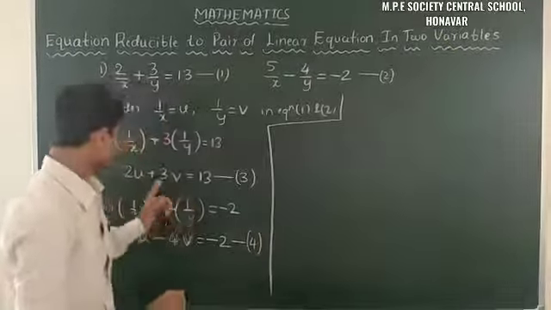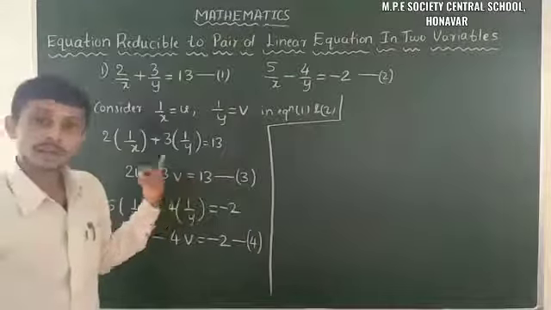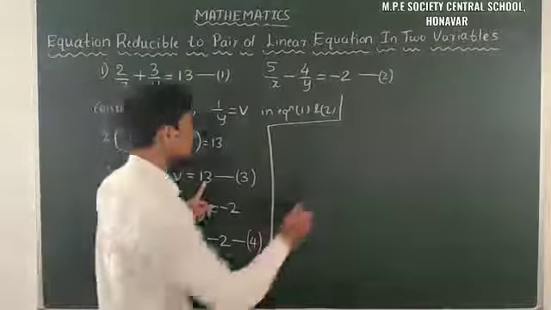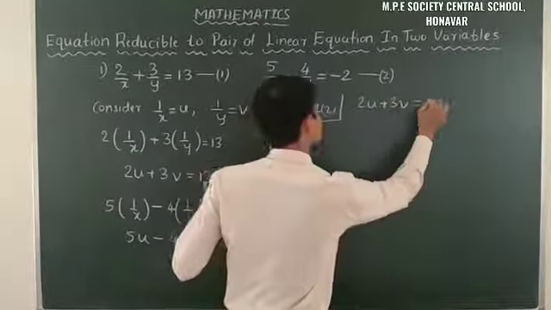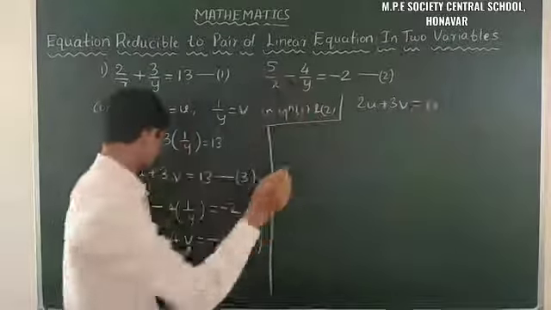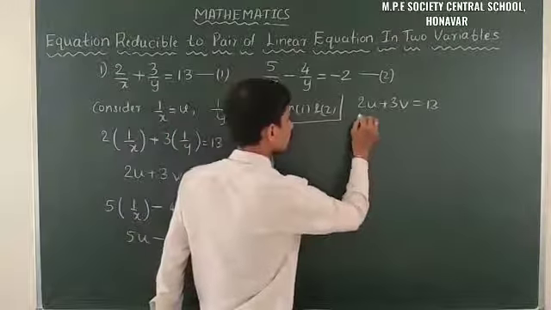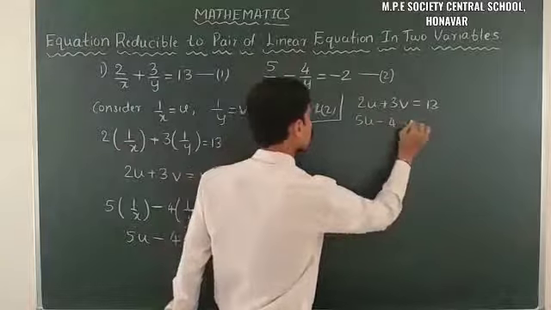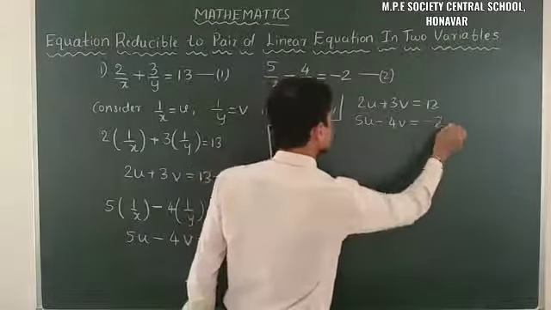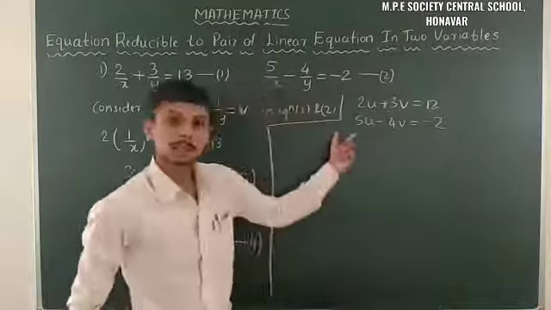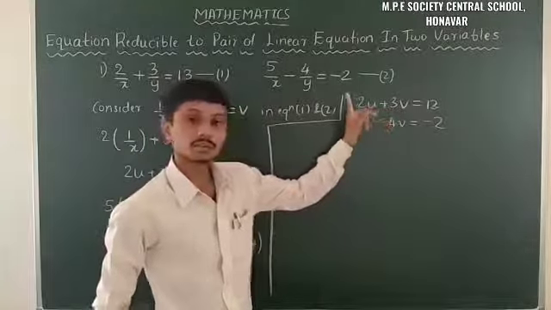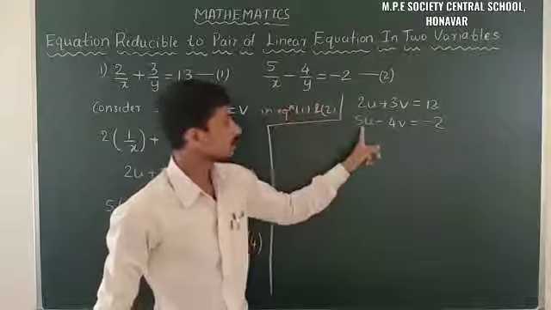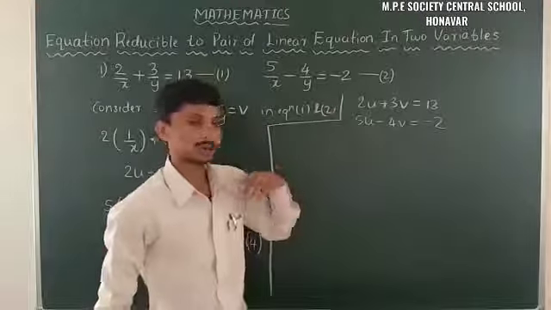Part is backward here. So firstly I will write equations 3 and 4. That is 2u plus 3v is equal to 13 and 5u minus 4v is equal to minus 2. So here I will multiply equation 3 with 5 and equation 4 with 2.